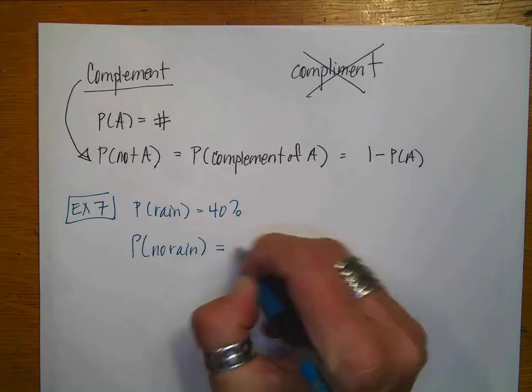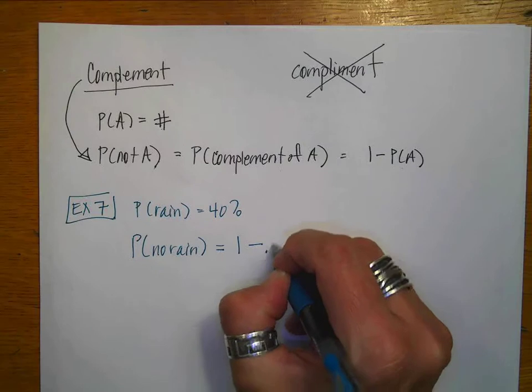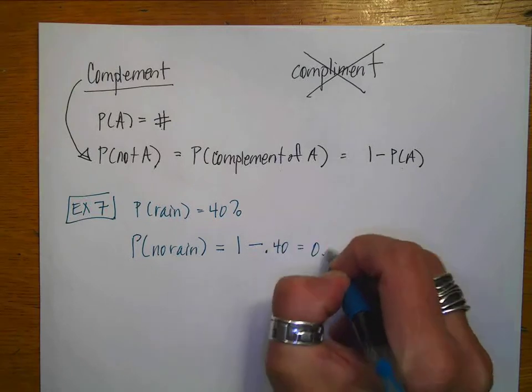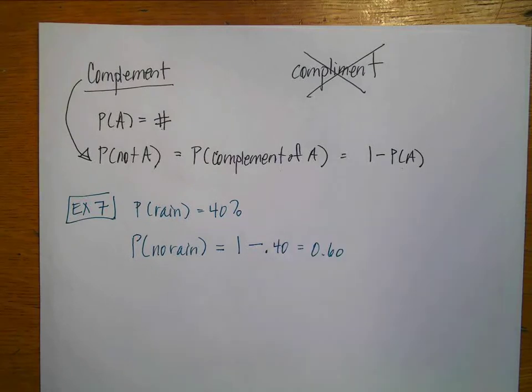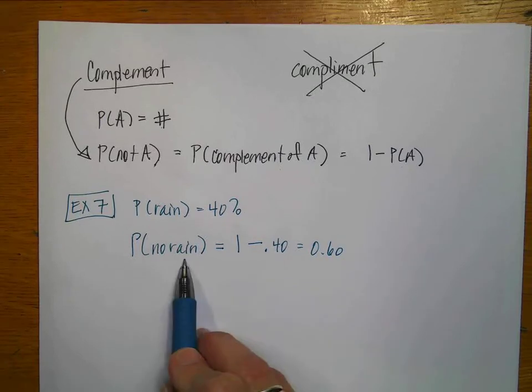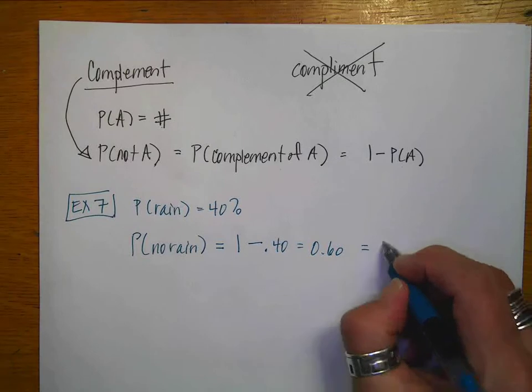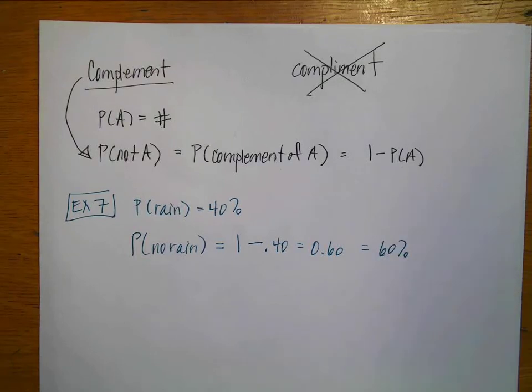Then the probability of no rain is going to be 1 minus 0.40, which is 0.60. I know it seems a little bit intuitive that that's a true statement, but sometimes they will trick you and ask you this question. So the probability of no rain is going to be equal to 60% if we follow the same format.